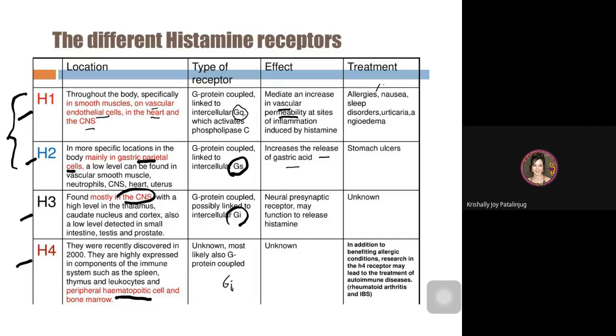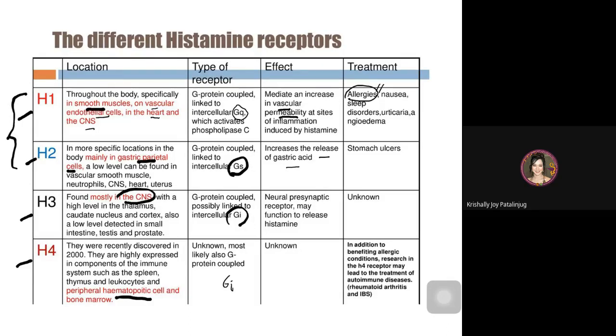Okay? And recall nga sa smooth muscles, sa vascular smooth muscles, there is vasodilation na nangyayari kapag activated yung H1 receptor. Okay? So, this is also the reason nga nung ang usual drugs nga atong discuss later on are anti-histamine 1 receptor. Okay? Anti-histamine 1 receptor na mga drugs that is used for the treatment, okay, for allergies.